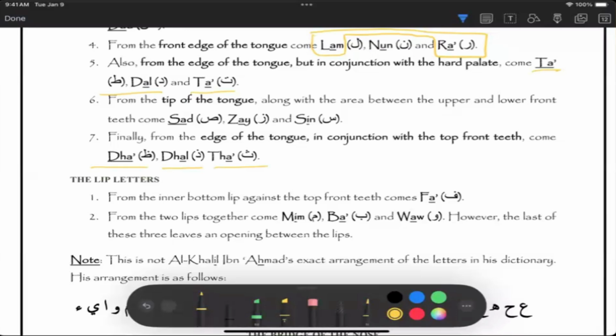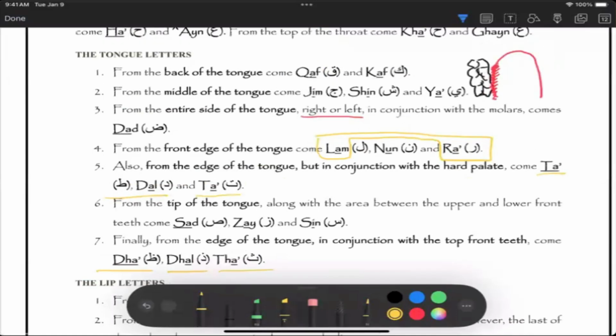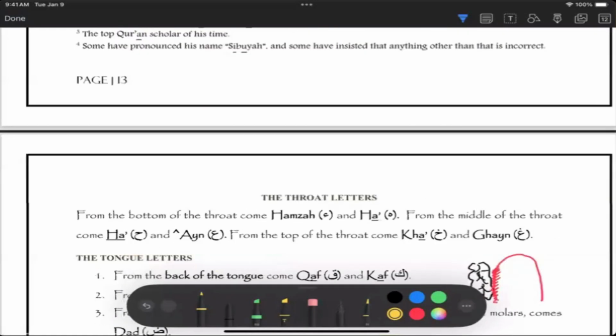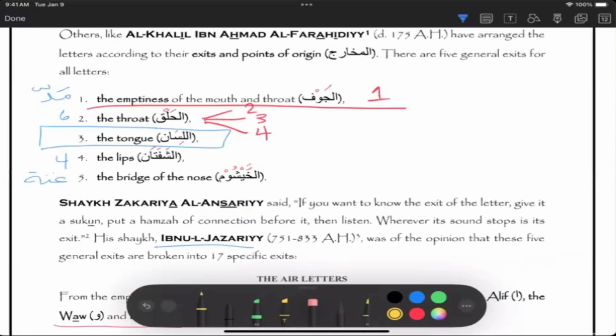So we have 7 exits here according to the way we numbered this. So we go back here. The jawf is 1 exit itself. Throat is 3 exits. Lisan, the tongue, is 7 exits.